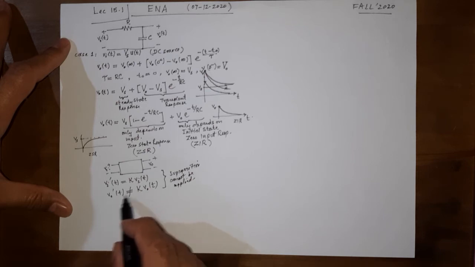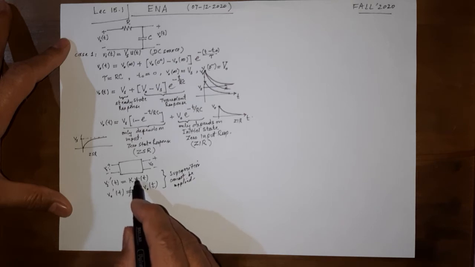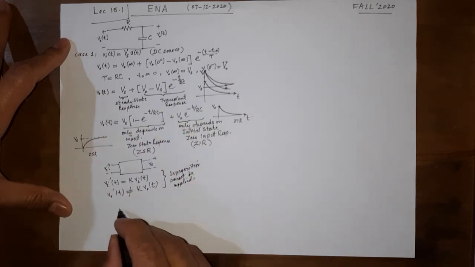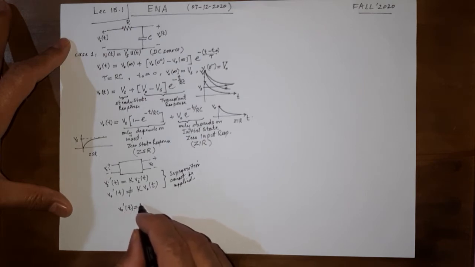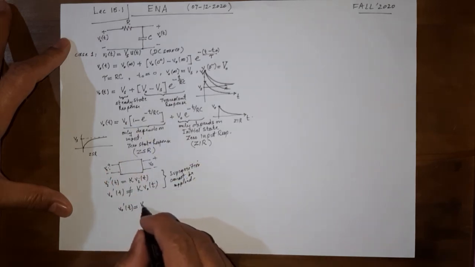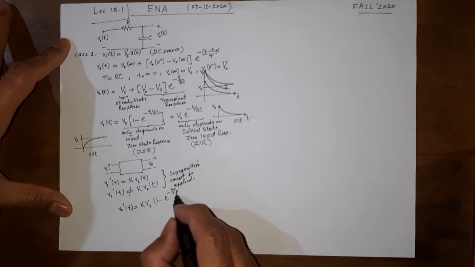Why is this so? If the input is K times Vs, then we know from this writing that V0'(t) would be equal to the source voltage, which is now KVs, times 1 minus e raised to the power minus t over RC.